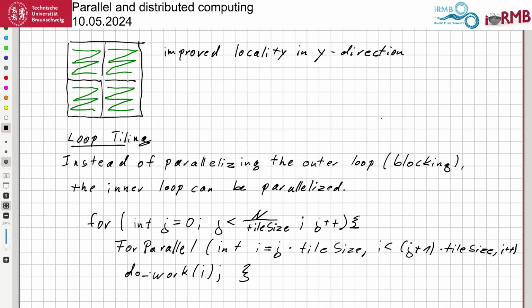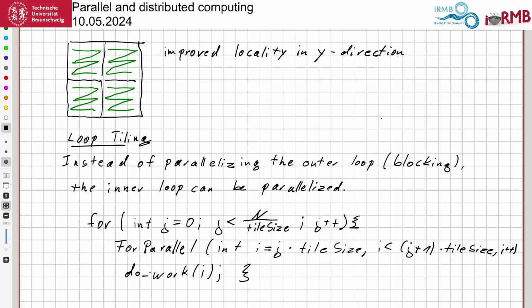And this means they parallelize the inner loop, not the outer loop. Of course, you can combine these two things. You can use MPI on a vector machine, where you have an outer loop that is parallelized and an inner loop that is parallelized due to vectorization.